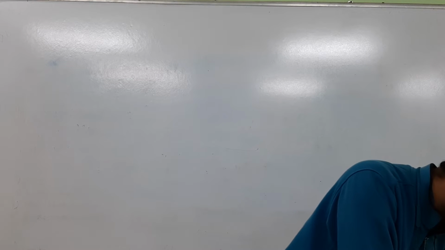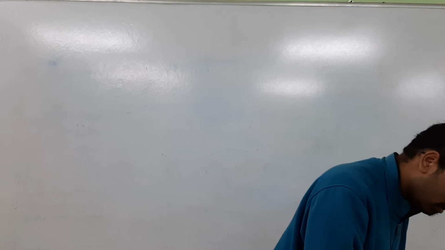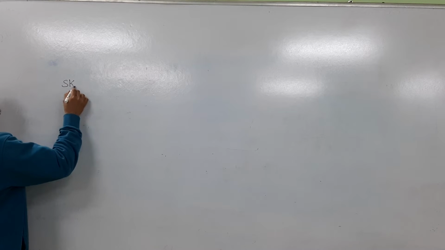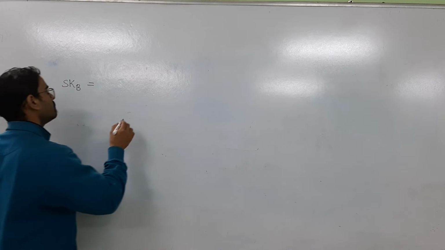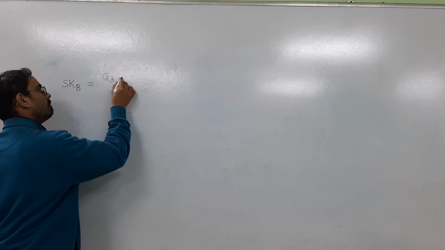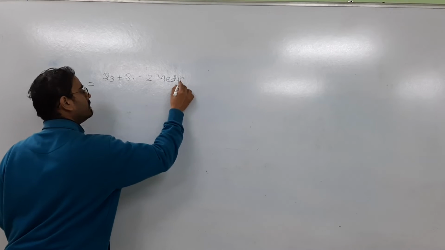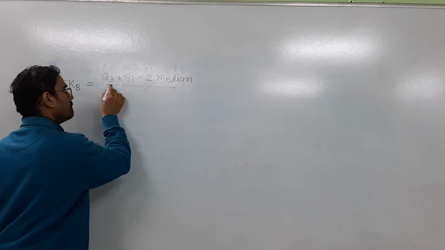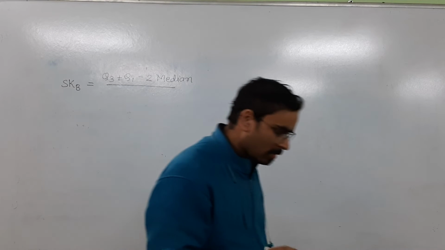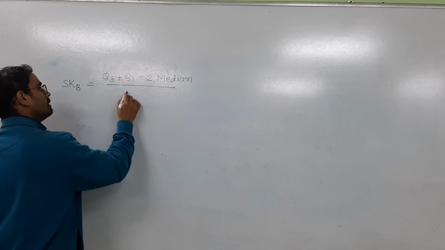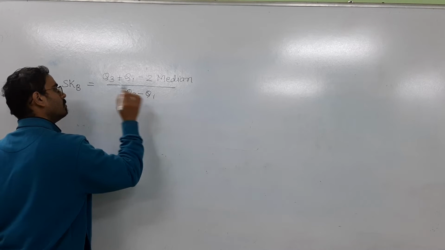The formula for Bowley's coefficient of skewness is Q3 plus Q1 minus 2 median, divided by Q3 minus Q1.